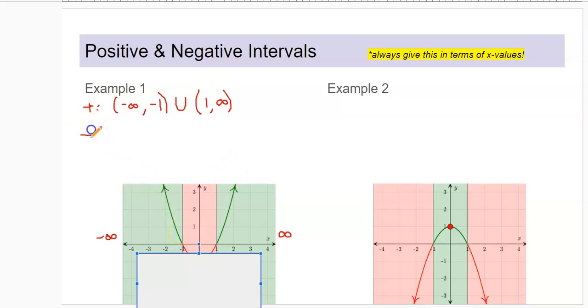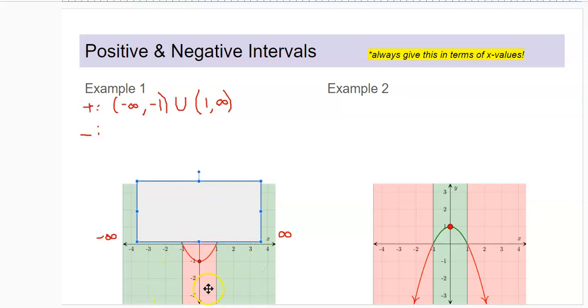Now I want the negative interval, so I'm going to move my shade over the positive part. Just the negative part is showing now, the part below the x-axis, and you can see it in red on this graph. My negative interval goes from -1 to +1.